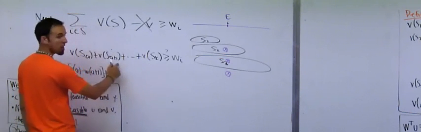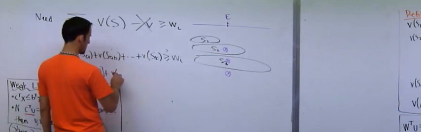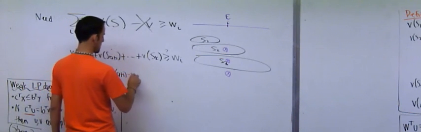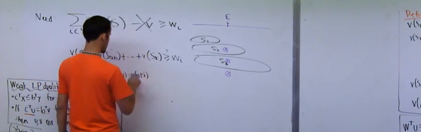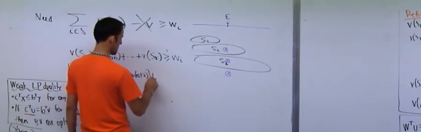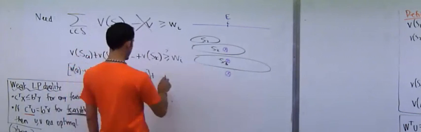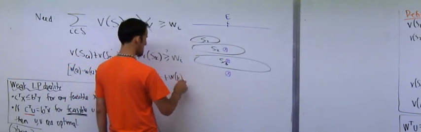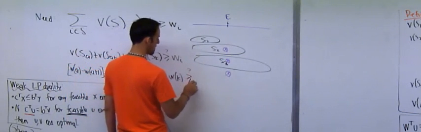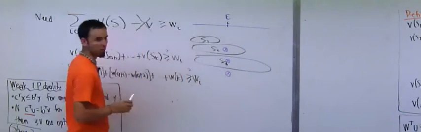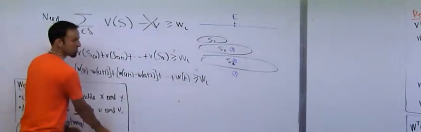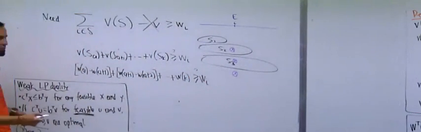Plus V of S_(a+1) is W of a plus 1 minus W of a plus 2. So on until the last one, V of S_k is W of k. This is supposed to be greater than or equal to W sub i. And you see this argument was meant to be because everything cancels.